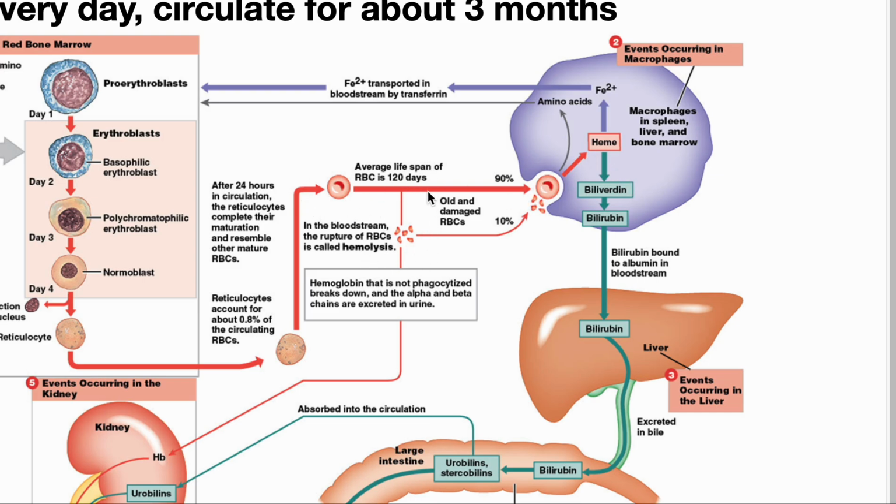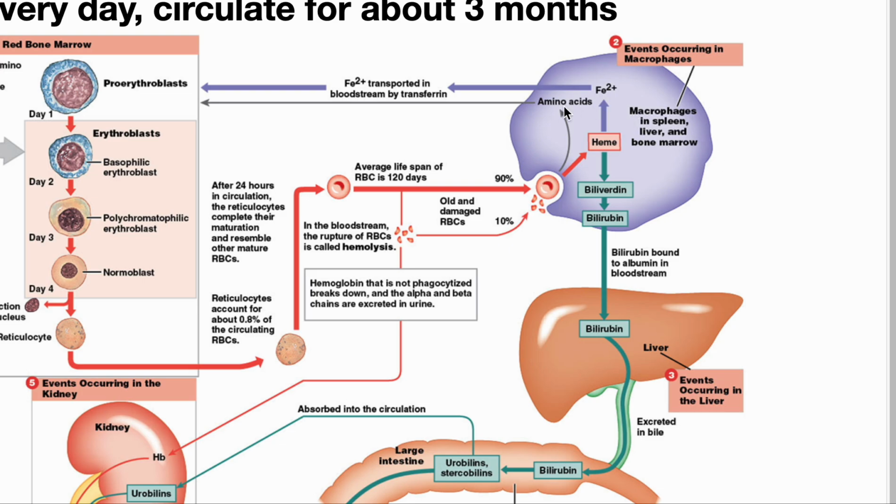So they may just start to disintegrate in a process called hemolysis in the bloodstream, in which case they will get picked up by macrophages. Sometimes macrophages will actually just engulf whole red blood cells that are old and break them down. But either way, macrophages in the spleen, in the liver, and in the bone marrow are going to be collecting old red blood cells.